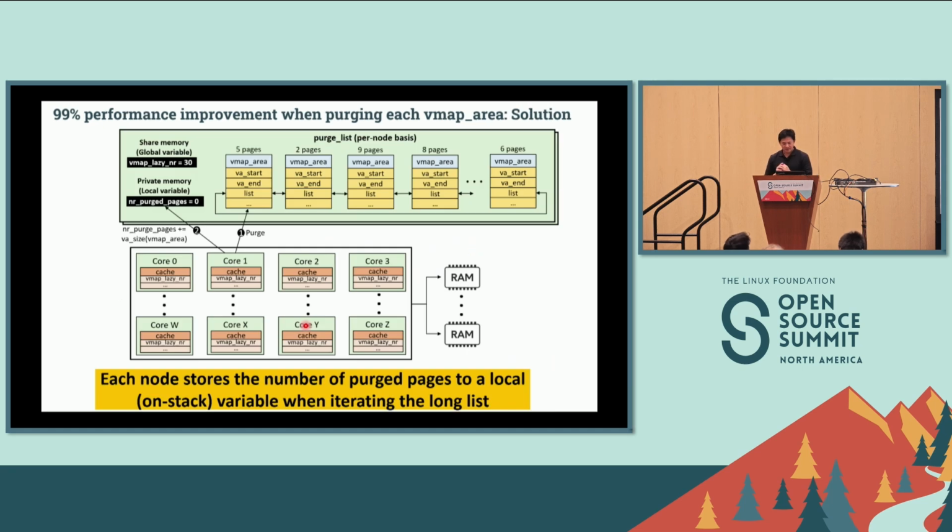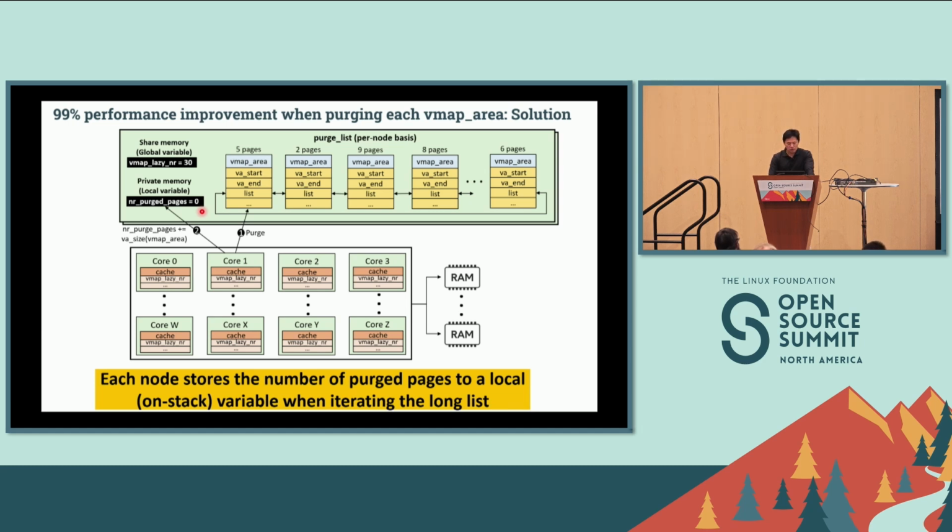Okay, solution. Our solution is to change the purge flow by using a local variable for counting, which means that every time we purge VA objects in this long list, we just accumulate the number of purged pages into a local variable.